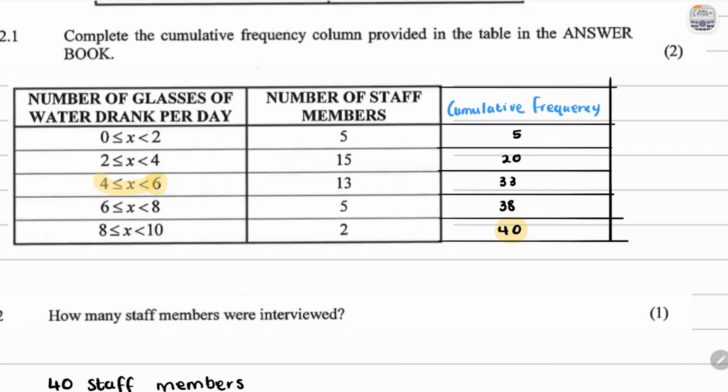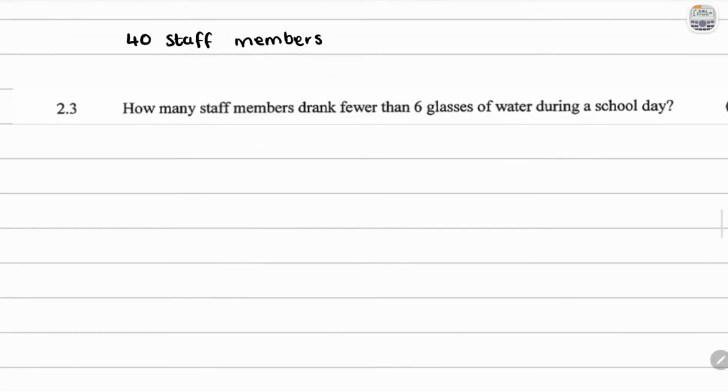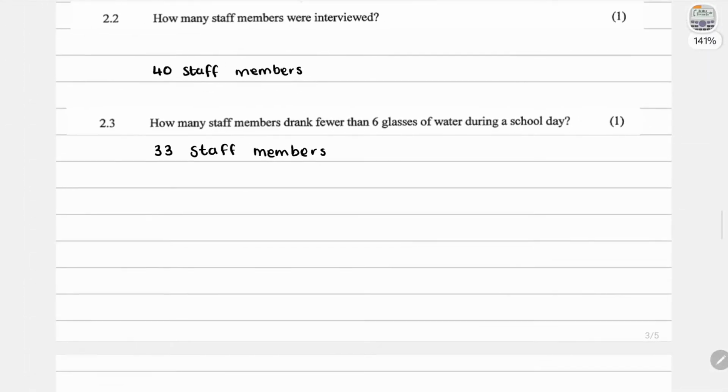Everybody here would have drunk less than 6 glasses of water, and the staff members we're going to consider would be everybody here, because they drank less than 6 glasses. They didn't drink exactly 6. What did that add up to? That added up to 33, which we can see in the cumulative frequency column. So that is 33 staff members, and that is our answer. Moving on to the next question.